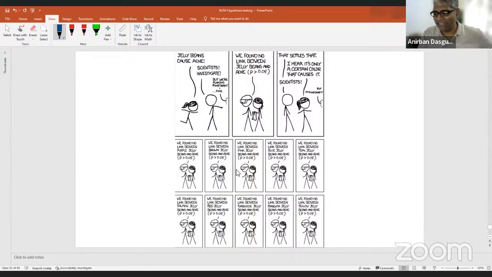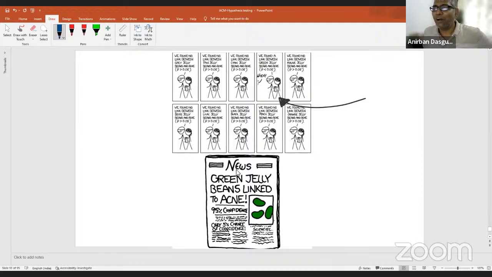And finally for the green jelly beans, they find the p-value is less than 0.05. It comes onto the news saying that green jelly beans are linked to acne: 95% confidence, 5% chance of coincidence. What is the problem in this? Is there a problem in this?